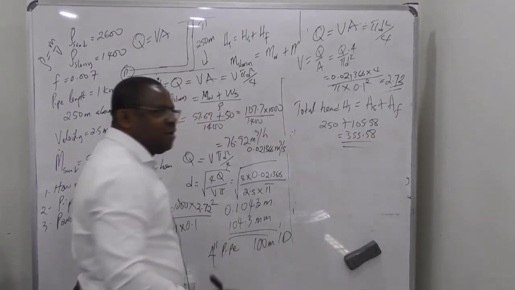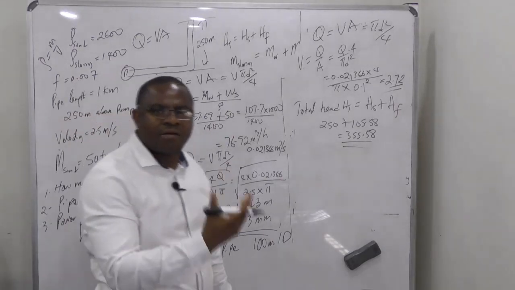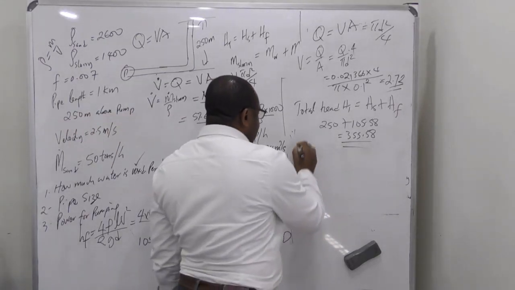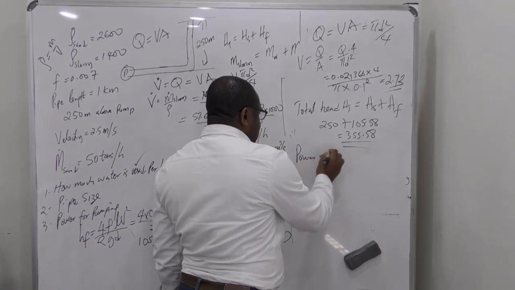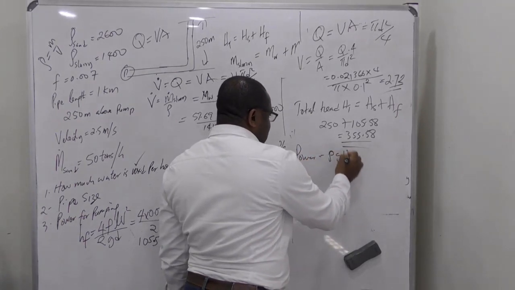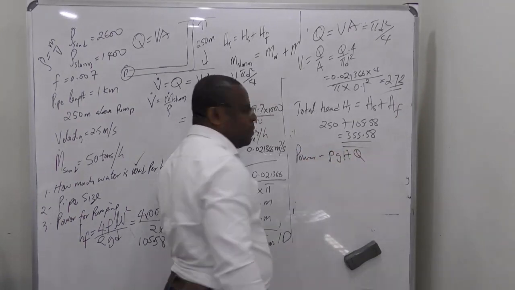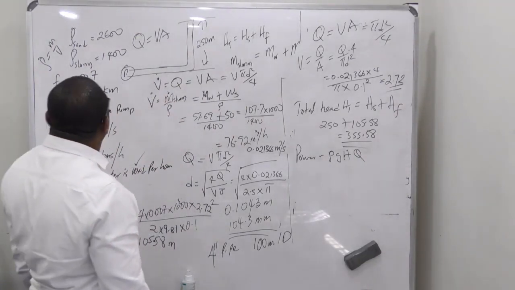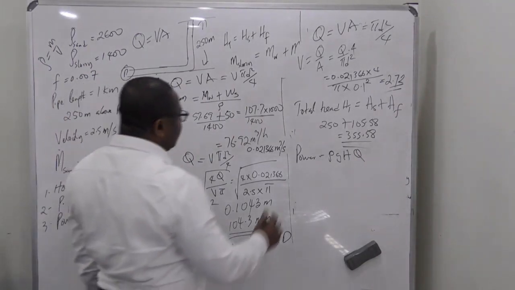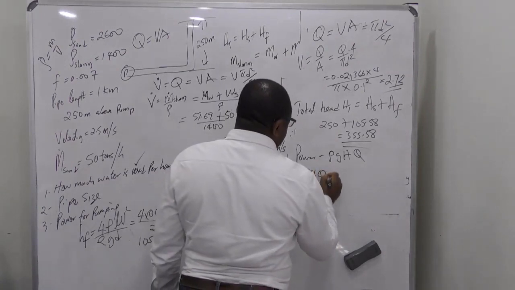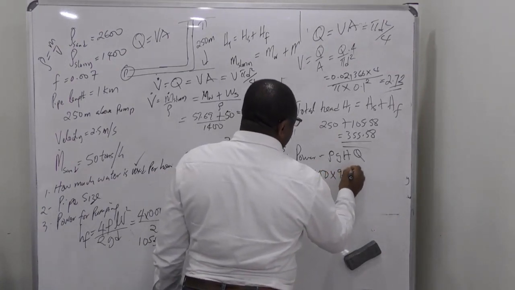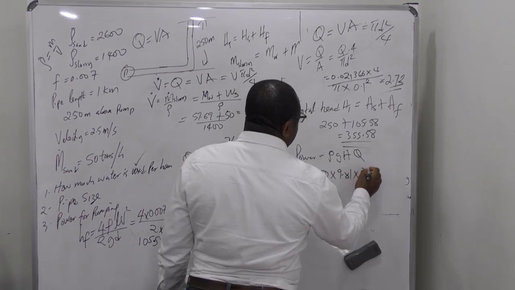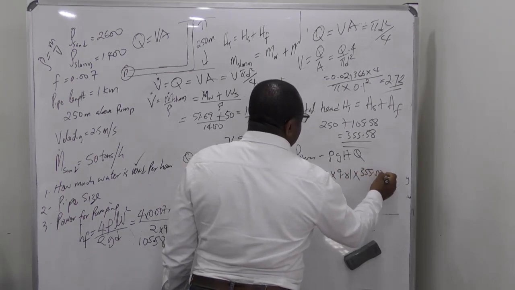Power is rho g H Q. That's all. So what is the density of the slurry? It's 1,400, times 9.81, times 355.58.